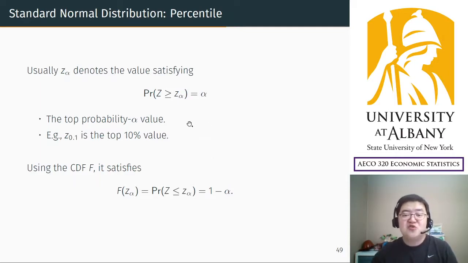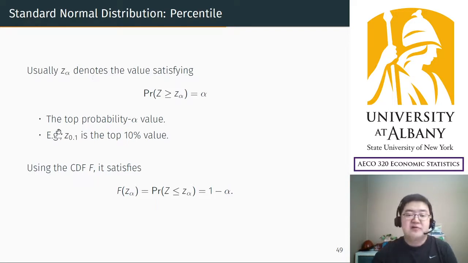Usually the notation goes like this: Z subscript alpha denotes the value that satisfies this condition. The probability of being greater than this value equals alpha. So the top probability alpha value is lowercase z subscript alpha.